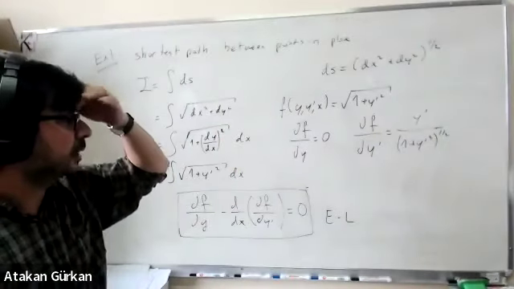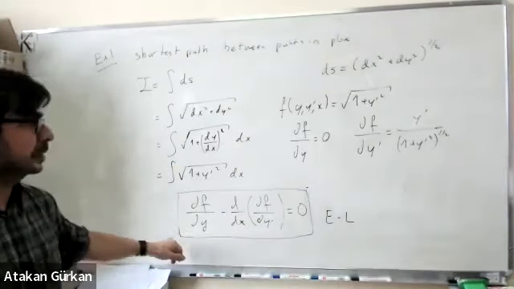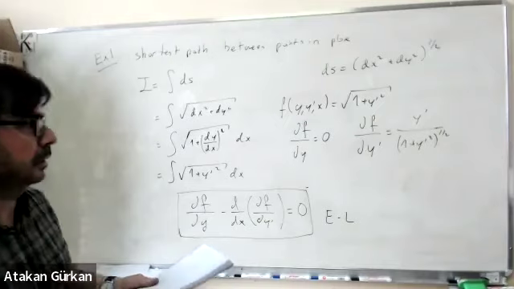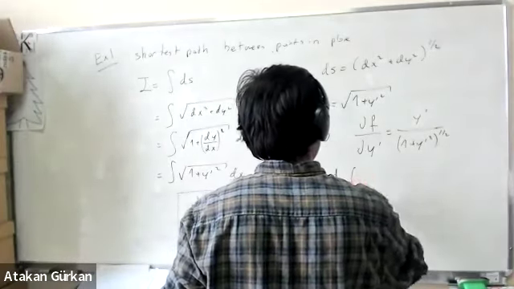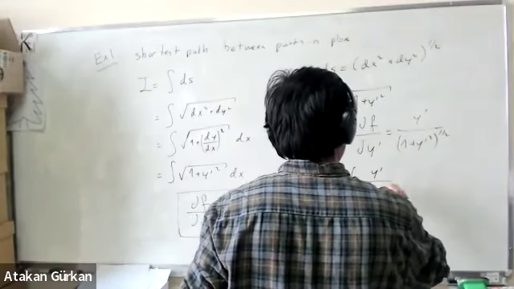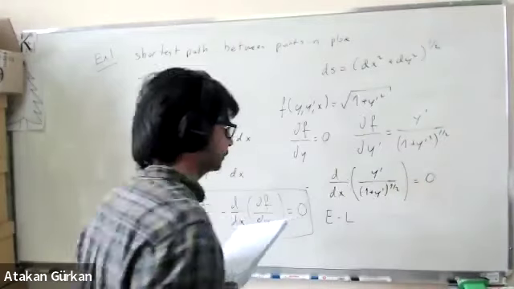So they cancel. I end up with y prime over the square root of 1 plus y prime squared. If I take these and substitute in here, what do you get? Well, you get d by dx of this expression, y prime over the square root of 1 plus y prime squared, equals 0.